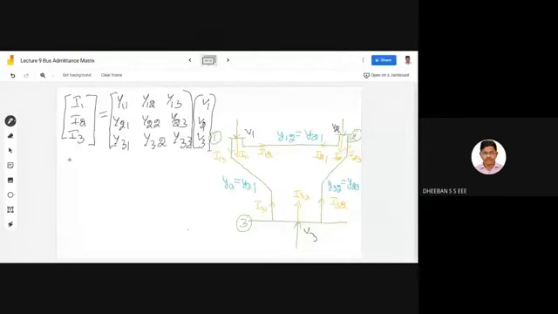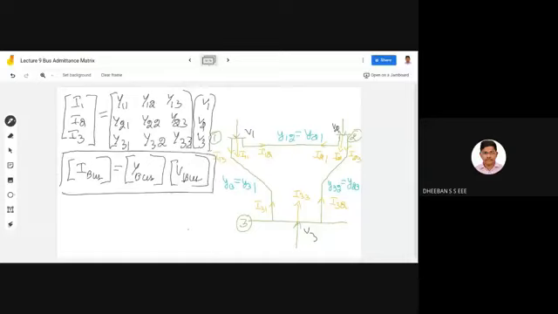So this gives I bus equal to Y bus into V bus. This was our aim at the initial condition, to arrive at this equation, and from this we have arrived at it.